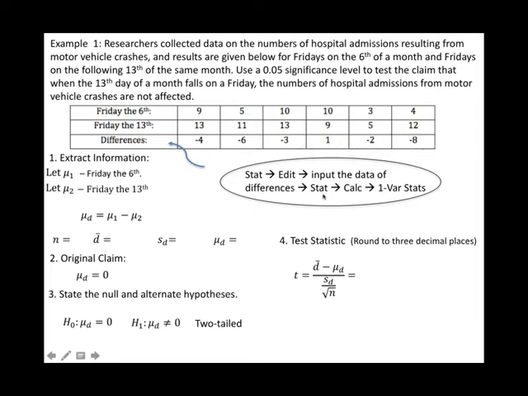And then go to the stat, go to the calc, choose one variable statistic. If your data is on L1, you're gonna do second one for the L1. Okay, you should find this data. Sample mean of the difference, sample standard deviation of the difference, you find it from here.